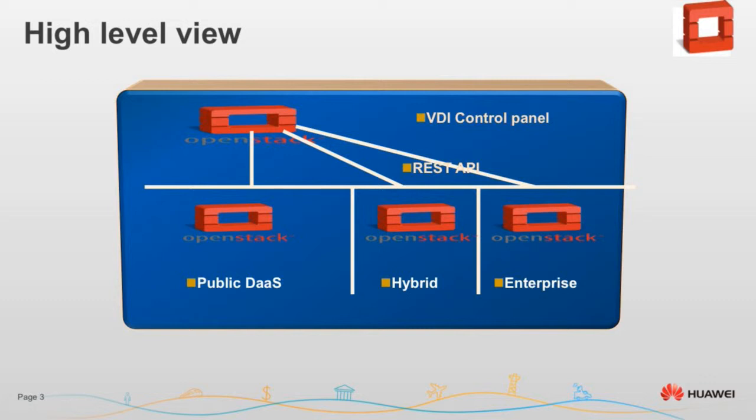So I envision the control panel can be separated from where your compute is. You can have a control panel in the cloud, like a service provider, China Mobile, can have it. Then people can put their real virtual machines in their data center. Or you can just put everything into the data center or everything in the cloud. We wanted to have a very flexible architecture.